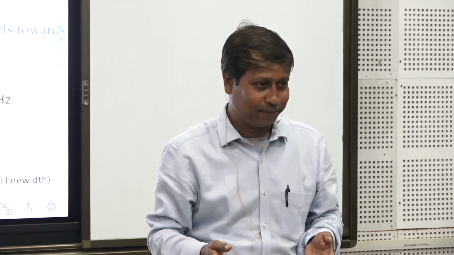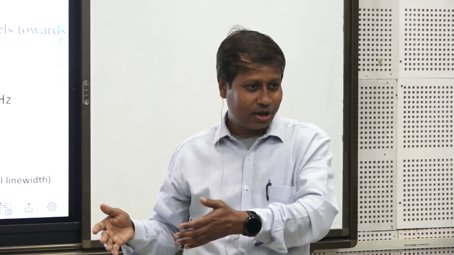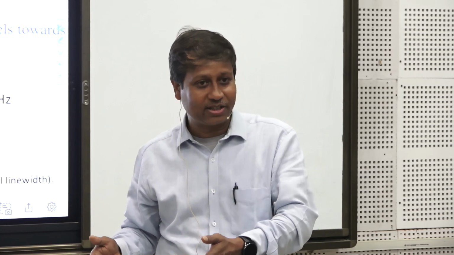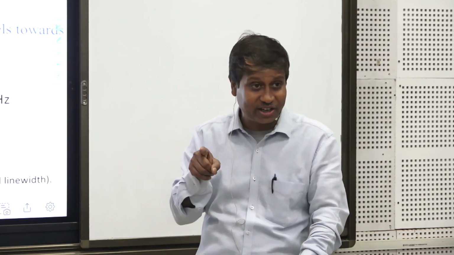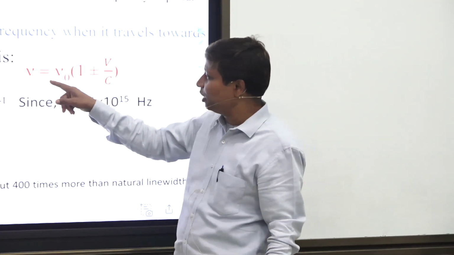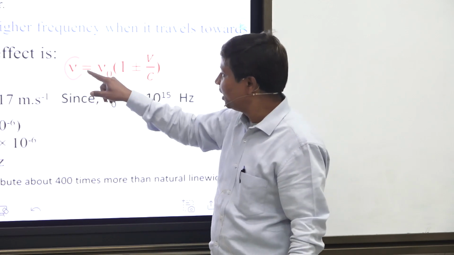And the detector is what gives you the information. In spectroscopy also you have a detector. What does the detector detect? It actually detects a different frequency. So what is the change in the detection? You can use this formula: the frequency recorded is the original frequency emitted, nu zero, times 1 plus or minus v by c, where v is the velocity.